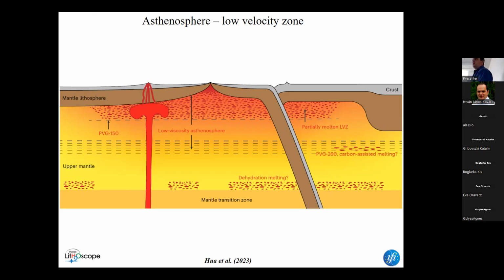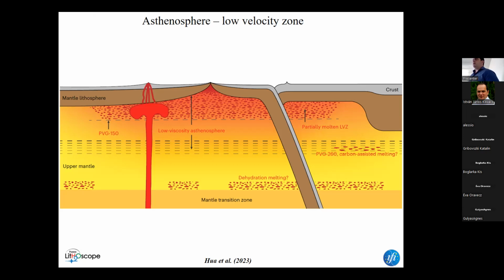Generally speaking, the asthenosphere is a relatively thin layer of the upper mantle between the lithosphere-asthenosphere boundary and the bottom of the low velocity zone. If we would like to define what the asthenosphere is, there is also a growing number of observations that this is a peridotitic material predominantly with a very low degree of partial melt.